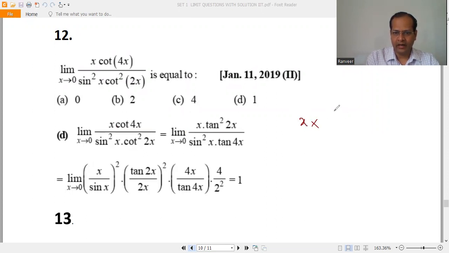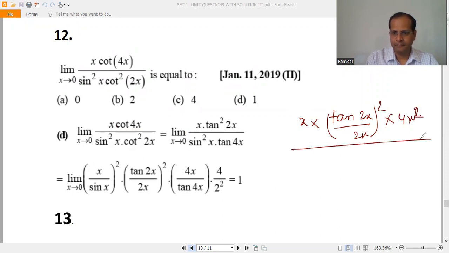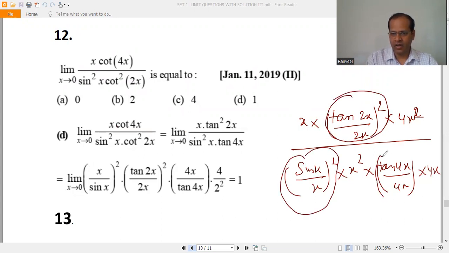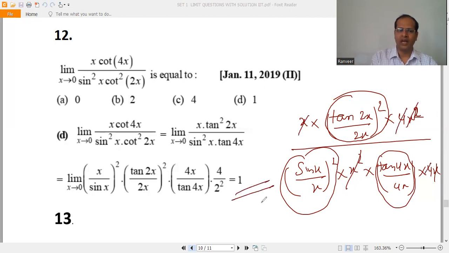Now tan 2x by 2x whole square into 4x square, you write this way, because power is there, divided by sin x by x whole square into x square into tan 4x by 4x into 4x. So all these terms are 1. After that, x square and x square and x, this will cut, and this 4 will cut. So the answer becomes 1.